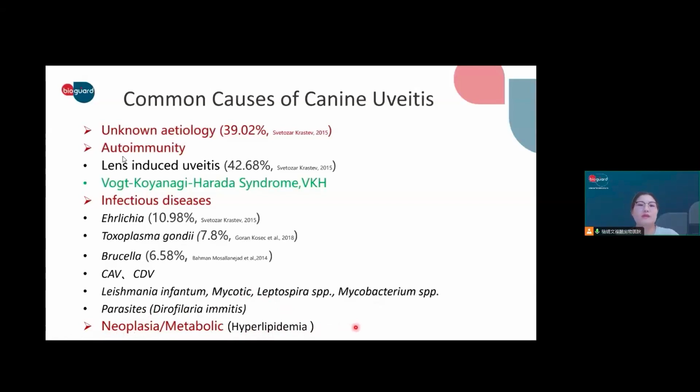So now we know that there are so many underlying diseases that could cause uveitis. Then to explore the underlying disease, in addition to doing the ophthalmic examinations, what else should we do?